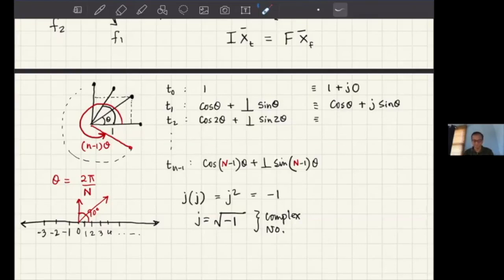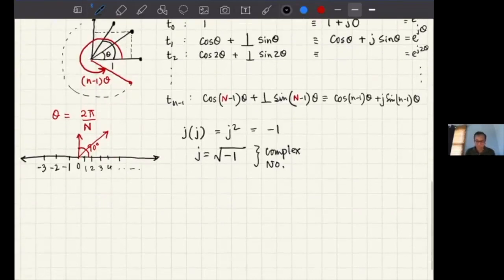Okay, great. So then we have this situation where we are expressing the location of the stick in terms of cos (n-1) theta, the last location, plus j sine (n-1) theta. And then remember, from Euler's equation, this turns out to be equal to e to the power j theta. This becomes e to the power j2 theta, this becomes e to the power j0, and all the way till e to the power j (n minus 1) theta.